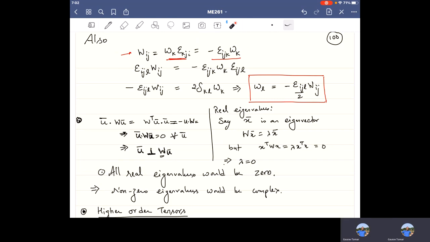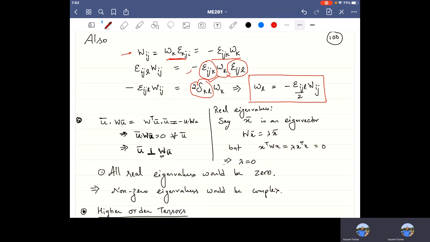So what you do is you multiply both sides by epsilon_ijl, and then you can use the property of epsilon_ijk epsilon_ijl as this is 2 times delta_kl, as we had seen.